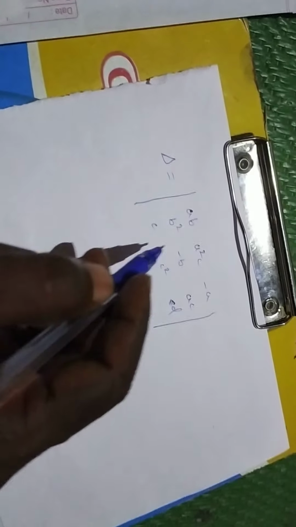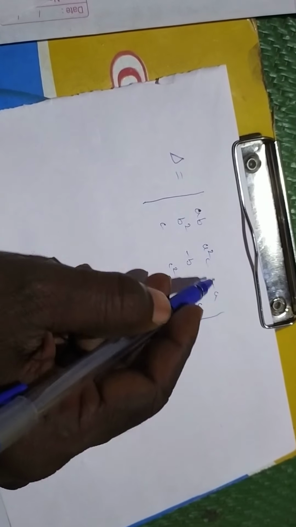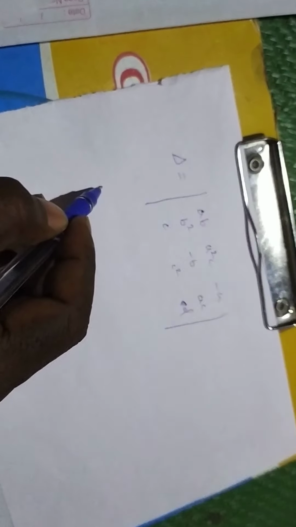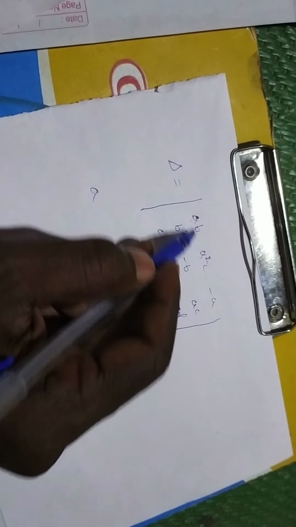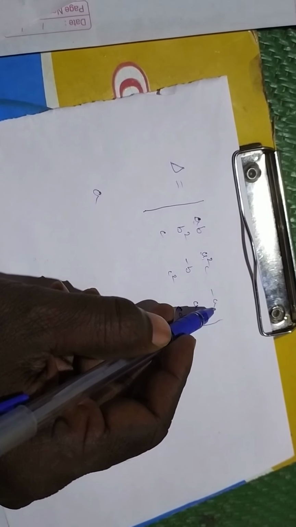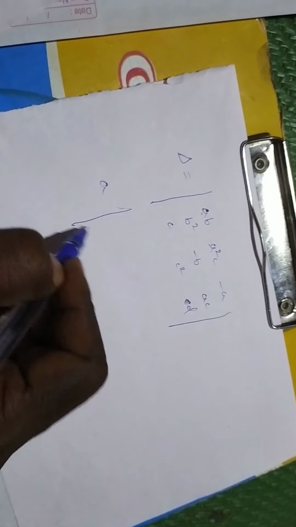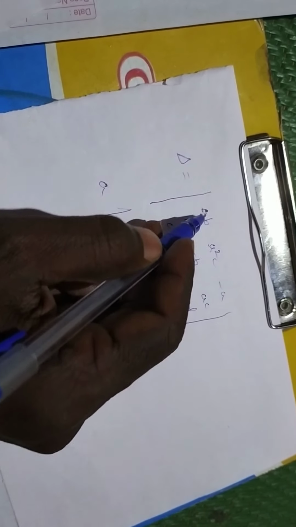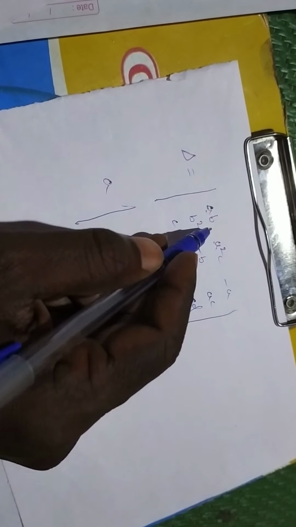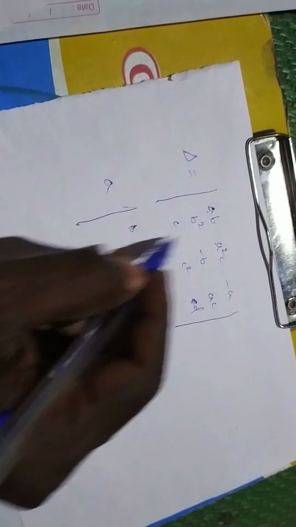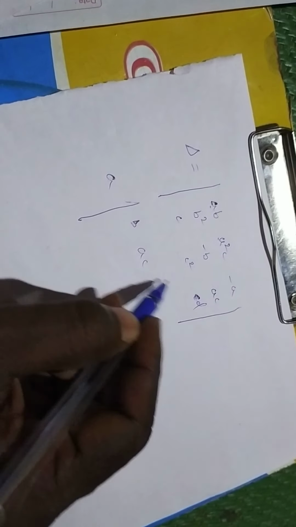This is a determinant. You can take A common here, because A exists throughout the row. So if you take A as common, the remaining things are B, that is, AC minus 1.